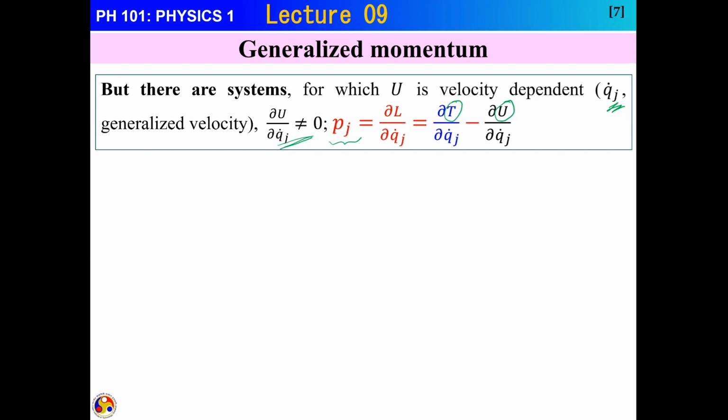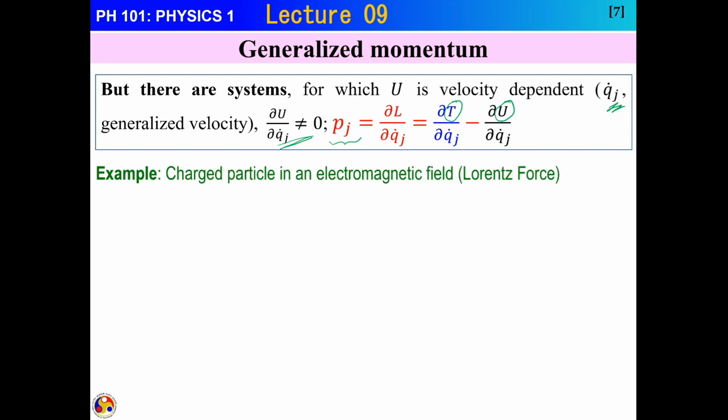Yes. The example is if you consider a charged particle in an electromagnetic field, then there is a kind of Lorentz force experienced by this charged particle, which can be defined as the force, which is nothing but Q E plus v cross B. I'm sure you have come across these ideas.